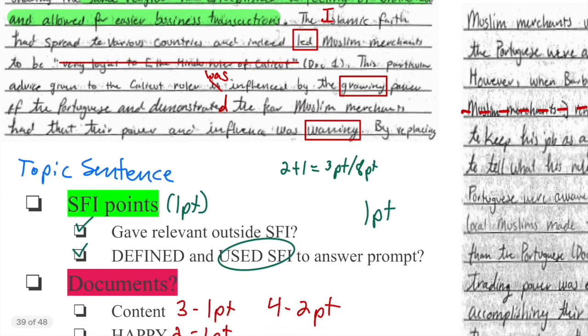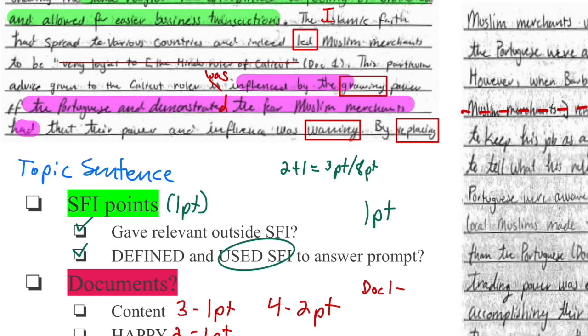Their summary is that the Islamic faith had spread to various countries and led Muslim merchants to be very loyal to the Hindu ruler of Calicut. Hence, in document 1, them writing advice to the Hindu ruler of Calicut. This particular advice given to the Calicut ruler is influenced by the growing power of the Portuguese and demonstrates the fear Muslim merchants had that their power and influence was waning.